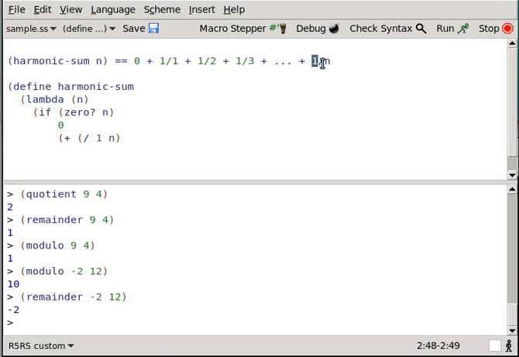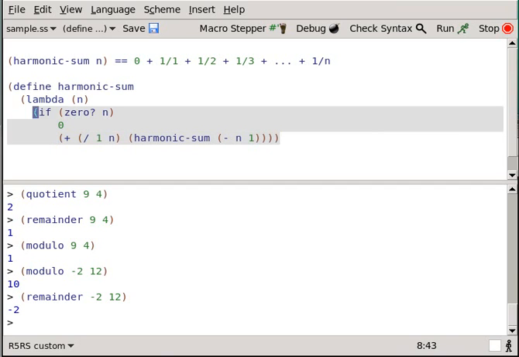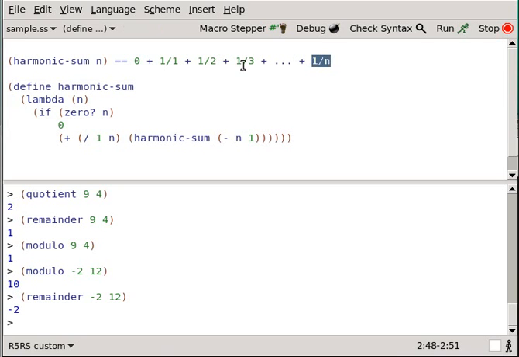That'll give us this, and we have to plus down on 1 n minus 1, harmonic sum of n minus 1, and that'll just keep subtracting 1 from n, doing 1 over n, 1 over n minus 1, 1 over n minus 2, ... until n is 0, and then we'll have our harmonic sum.